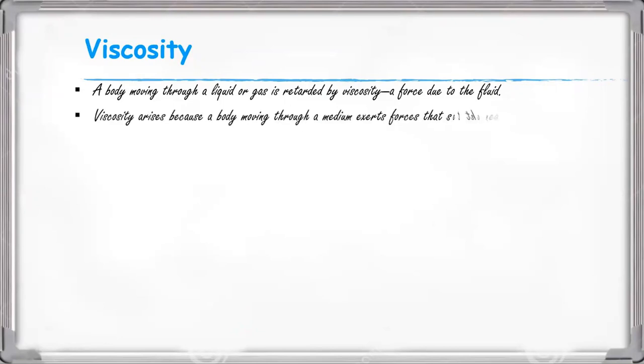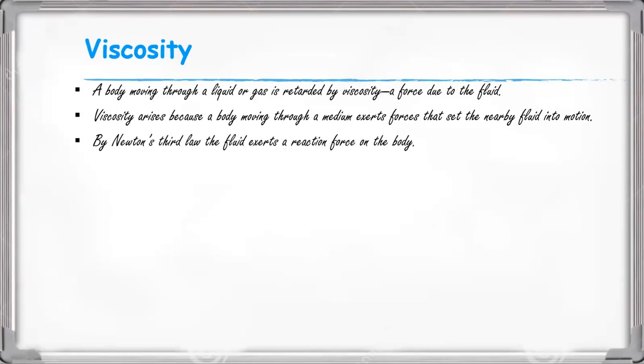Viscosity arises because a body moving through a medium exerts forces that set the nearby fluid into motion. So according to Newton's law, the fluid will exert a reaction force on the body.